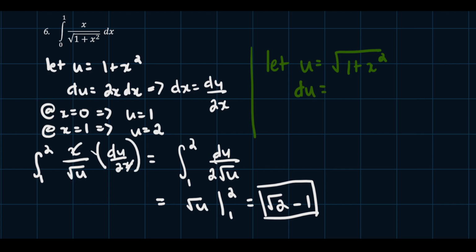Doing this, our du will actually be equal to 2x over 2 square root of 1 plus x squared, or x over square root of 1 plus x squared dx.